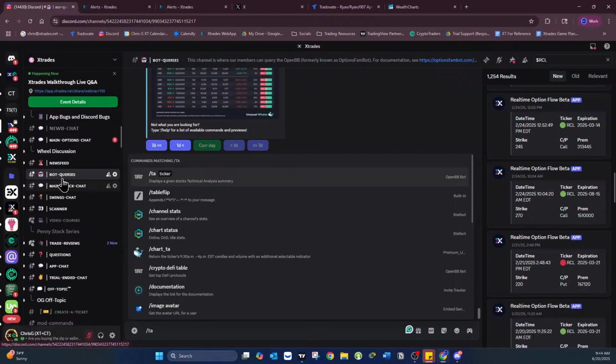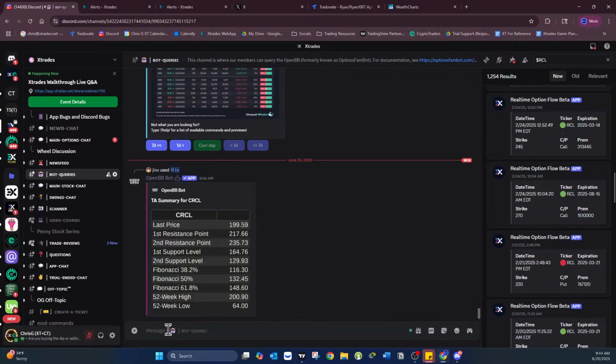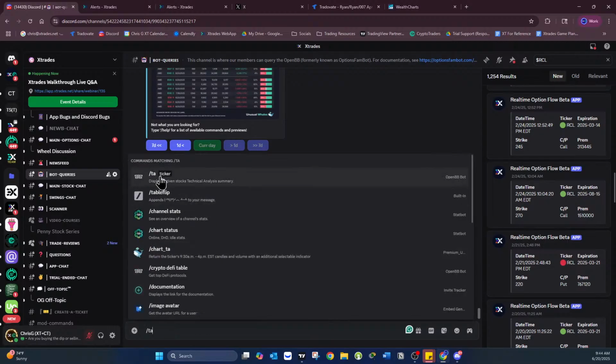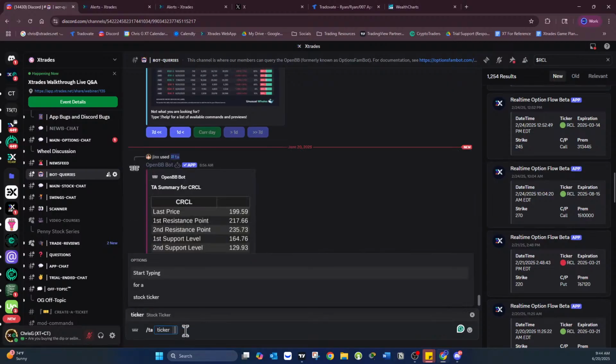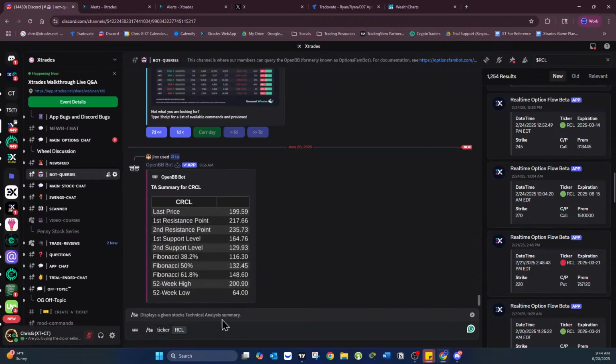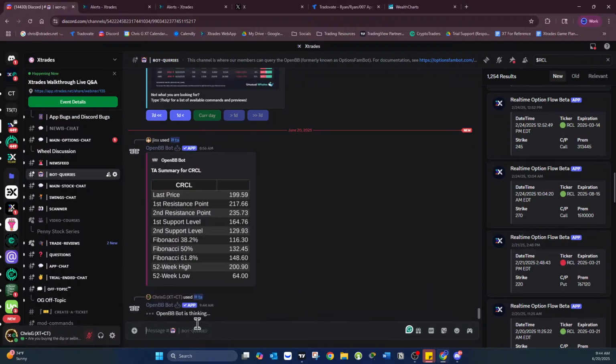All right, so if you're brand new to trading, another thing that comes up upon membership: once you get membership, you have access to the Bot Queries channel, which provides a really awesome set of tools that you can use at a glance for almost anything you need related to the stocks. I like to use the /TA just to see if I'm right on my analysis, or if I'm close to some support resistance lines.